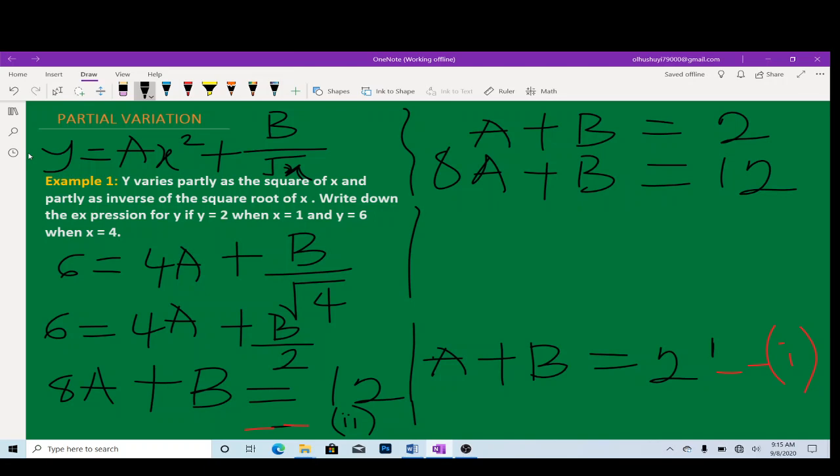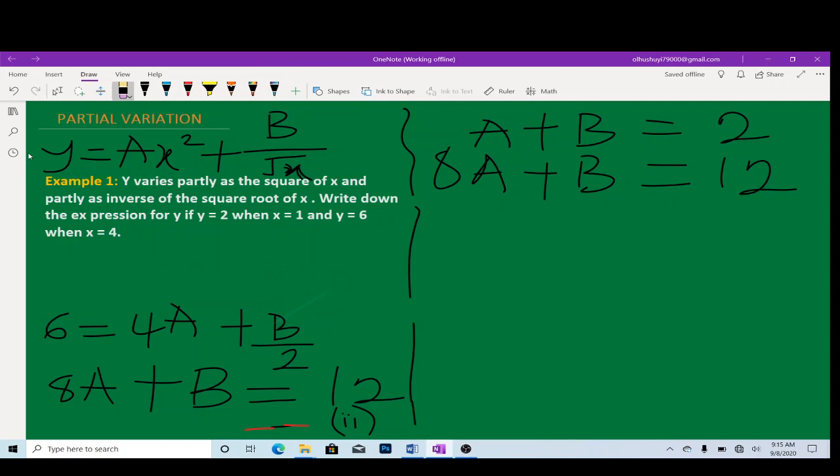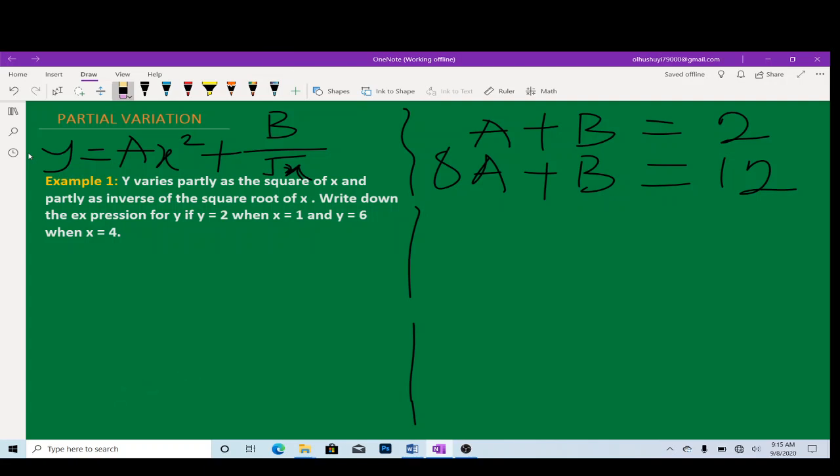These are the two equations that we have. So we solve simultaneously. How do we go simultaneously now? We can solve by the substitution method, or we solve by the elimination method.